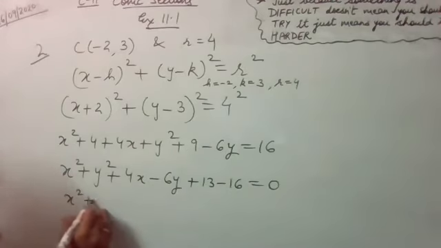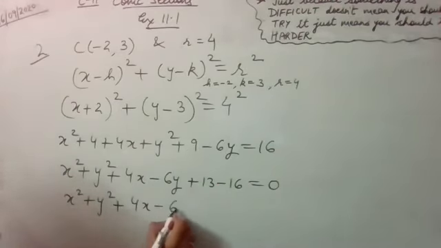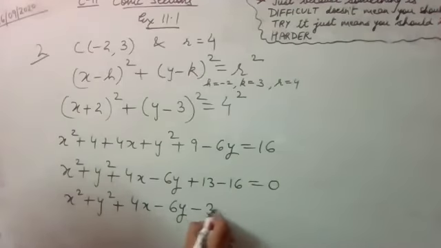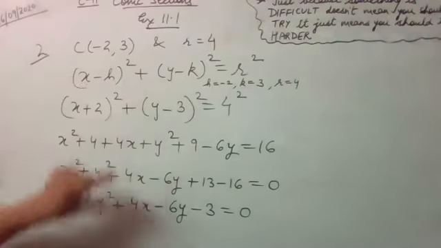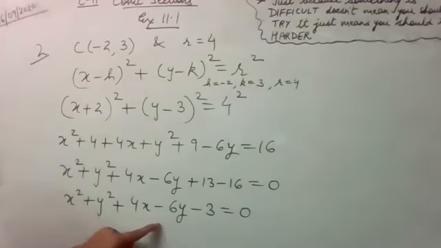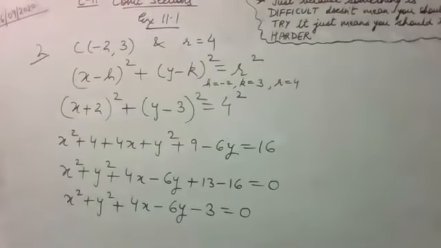So we have the equation as x square plus y square plus 4x minus 6y minus 3 equal to 0. This is the required equation of the circle. You have to give the answer up to this equation, right? So this is how we solve for the given center and radius and find the equation of the circle.